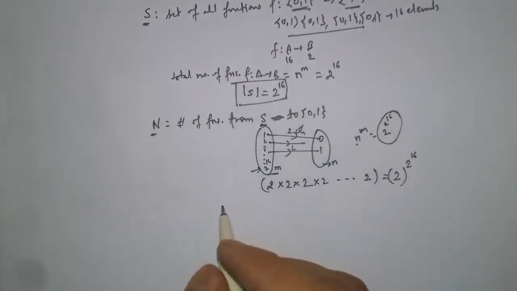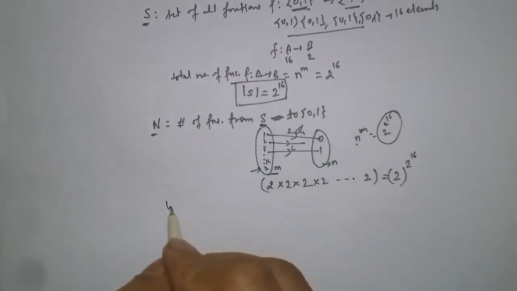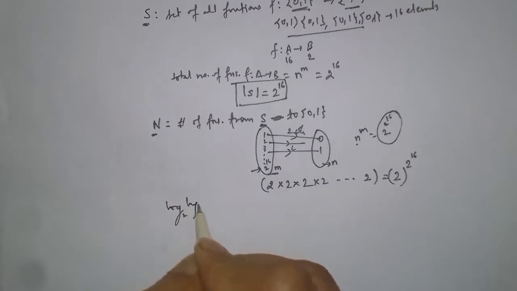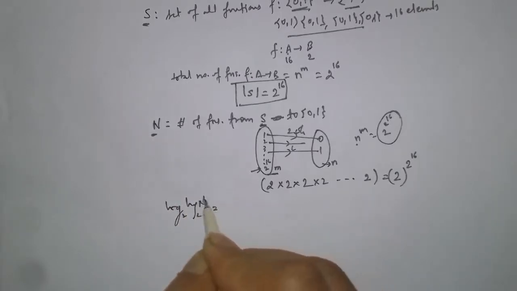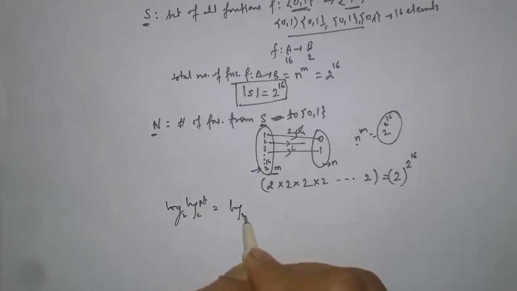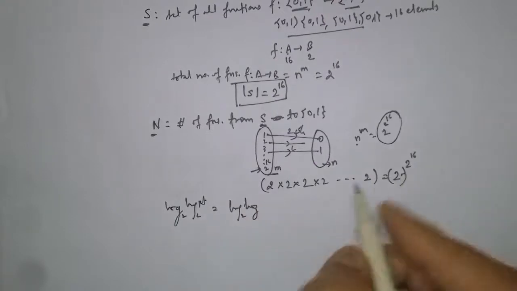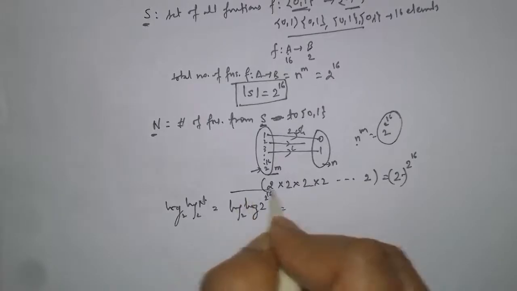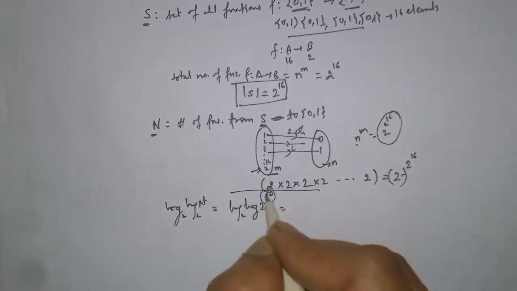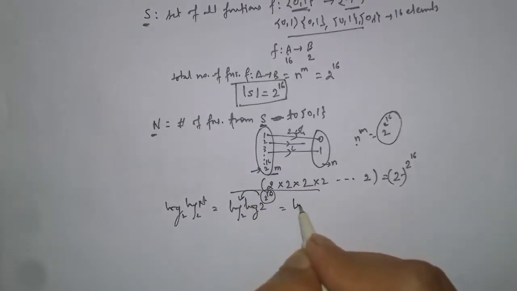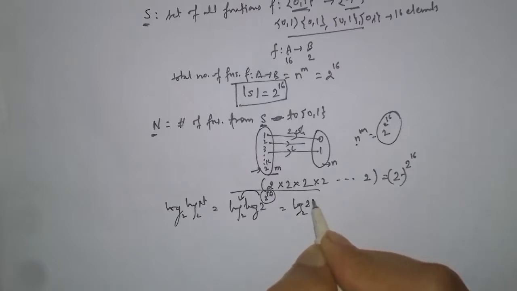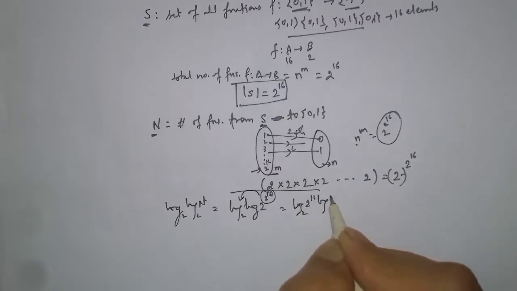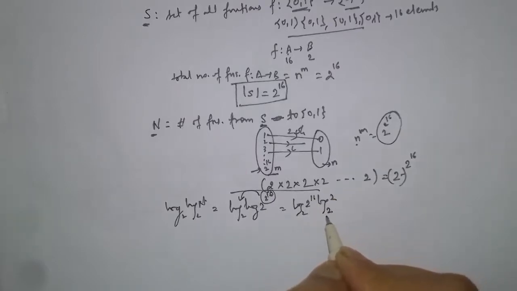But the question asks you to calculate log base 2 of log n to the base 2, where n is equal to 2 to the power 16. So 2 to the power 16 will come here: log base 2 of 2 to the power 16, log base 2 of 2 to the power 16.